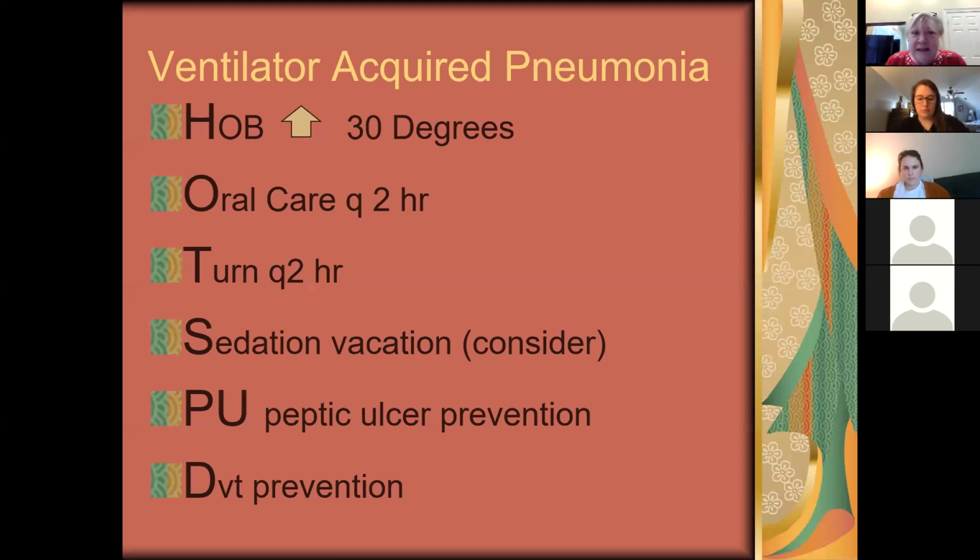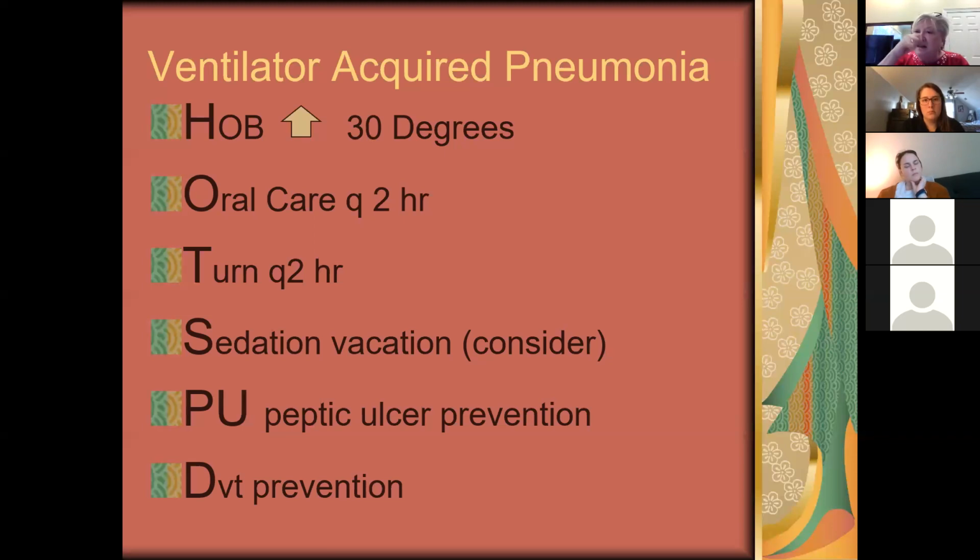So what will help? Unless it's contraindicated, you should keep their head of bed up 30 degrees. For oral care, we use chlorhexidine. It's a specially made packet with a toothbrush hooked to suction and toothpaste in there.